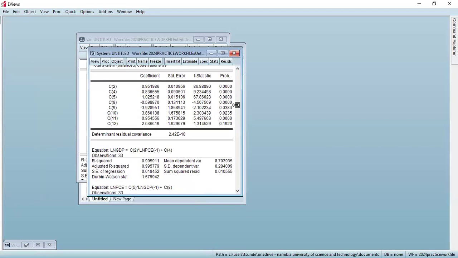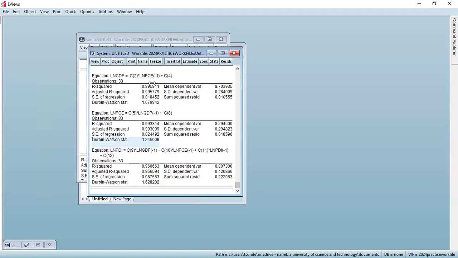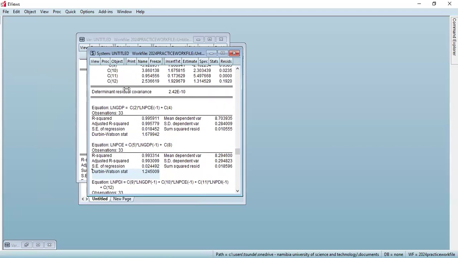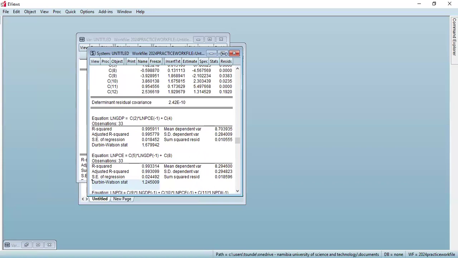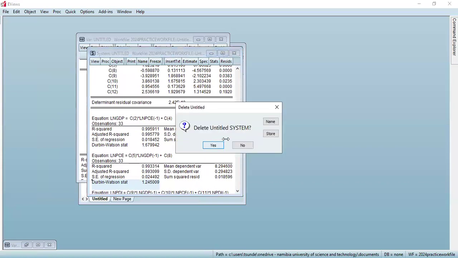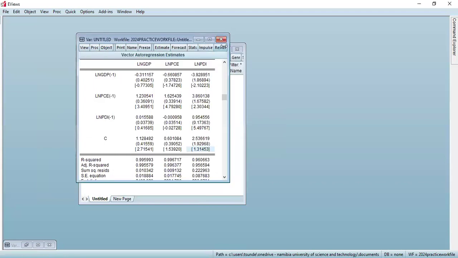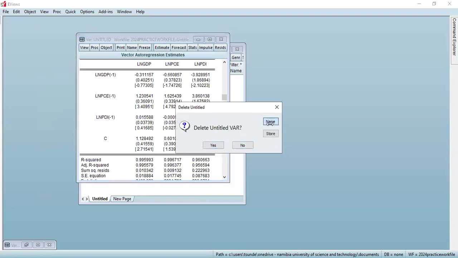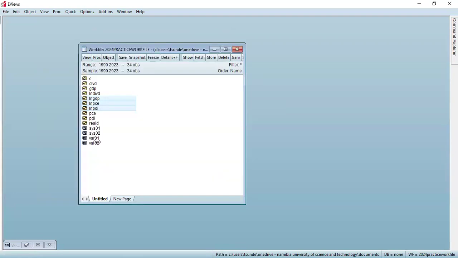Now, there's something that I need to do before we go on. There are some tests that we need to do. So we have system 1, system 2.